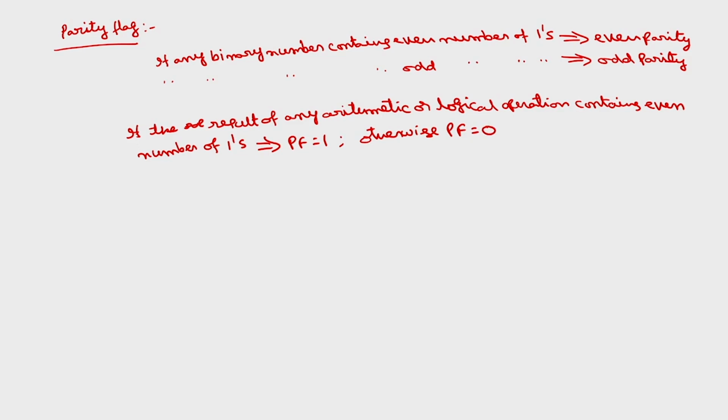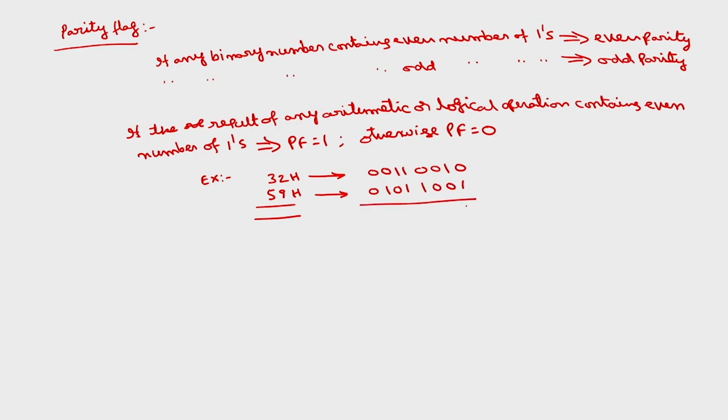If I take an example here, this is regardless of an 8-bit number or a 16-bit number. If I want to add 32H plus 59H, this 32 will be 0011 0010, and 59 will be 0101 1001.